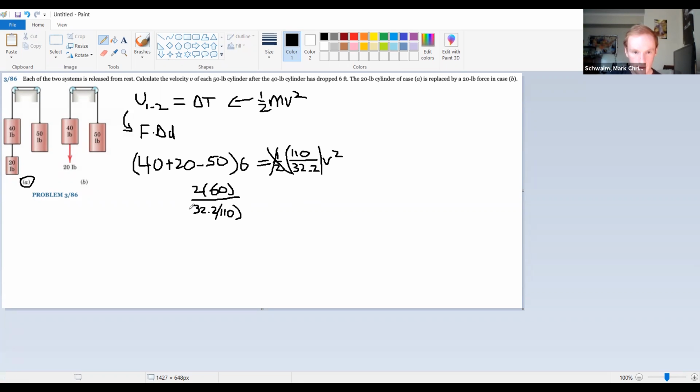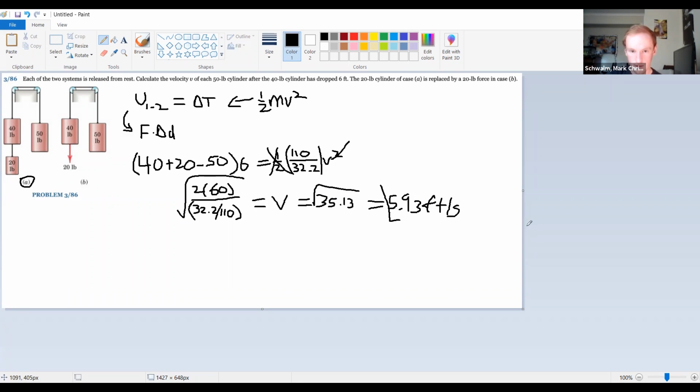All right. And then we are going to take the square root of this whole thing, so we can get rid of this. And then that is going to be equal to our V. All right, so if you plug this all in your calculator, you should get the square root of 35.13, or 5.93 feet per second.